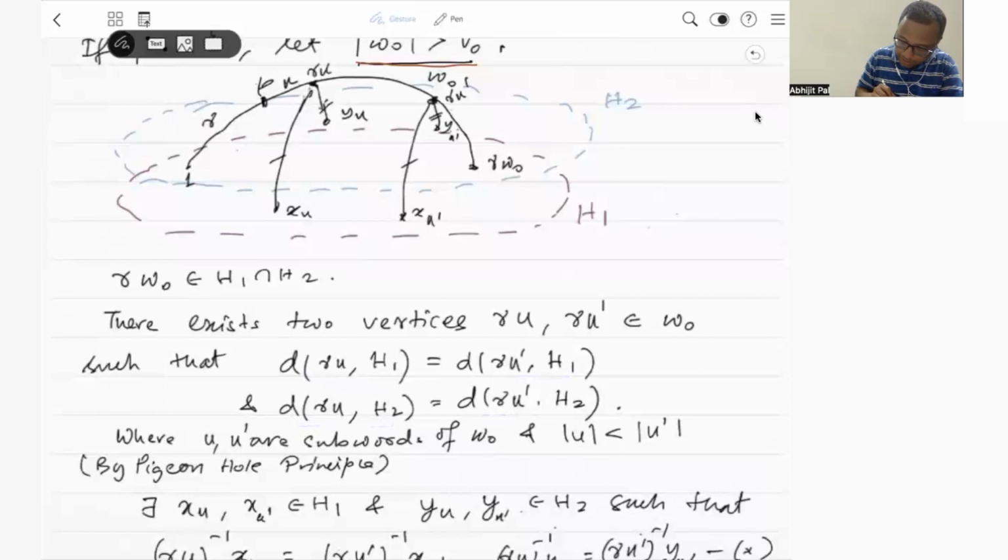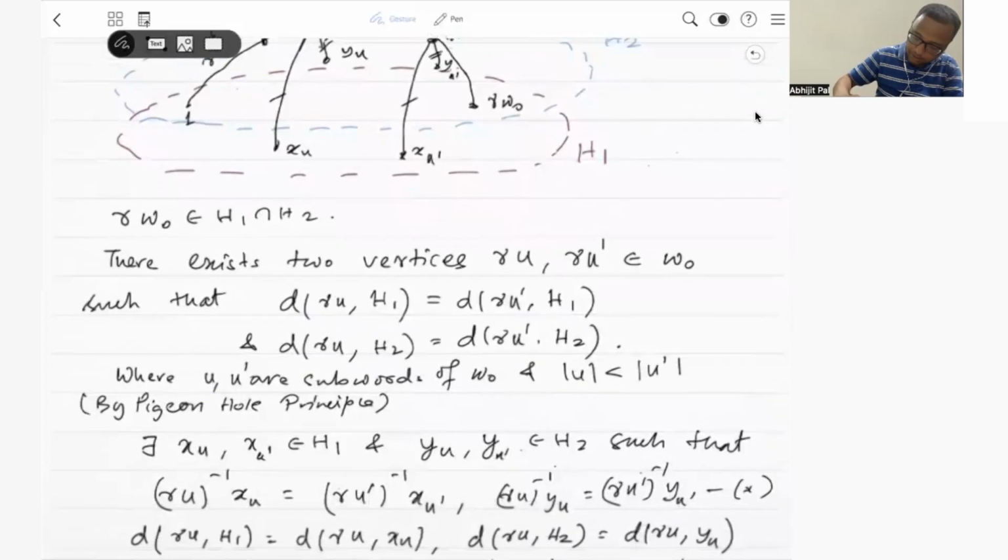And we can take these subwords u and u prime of this W naught such that the length of u is strictly less than the length of the subword u prime.